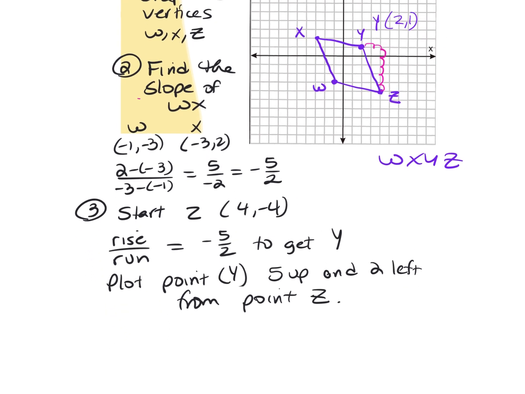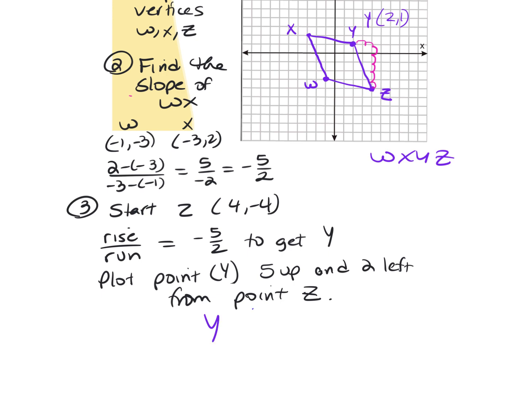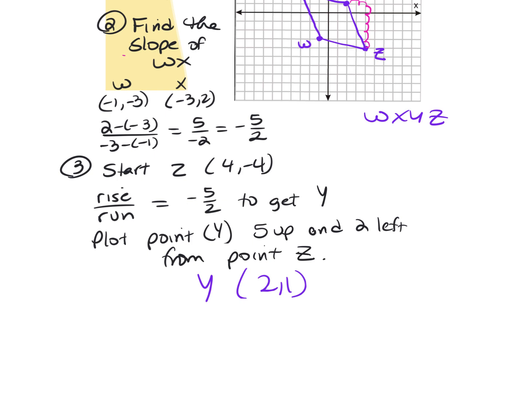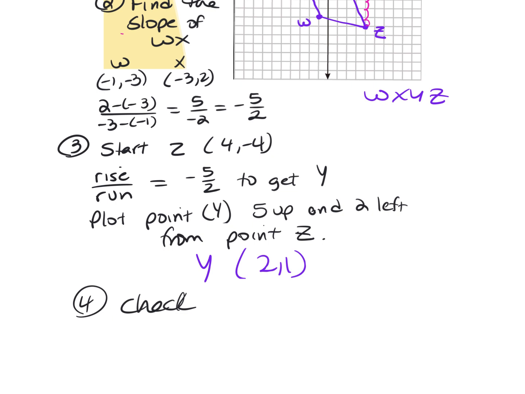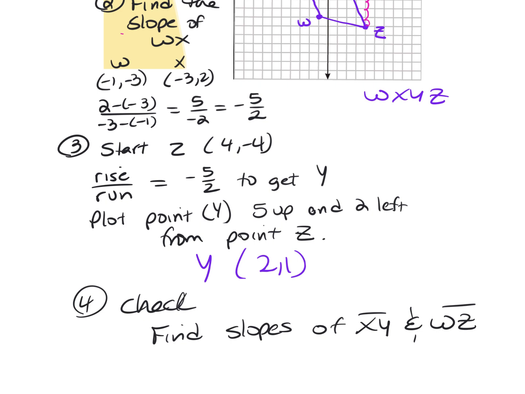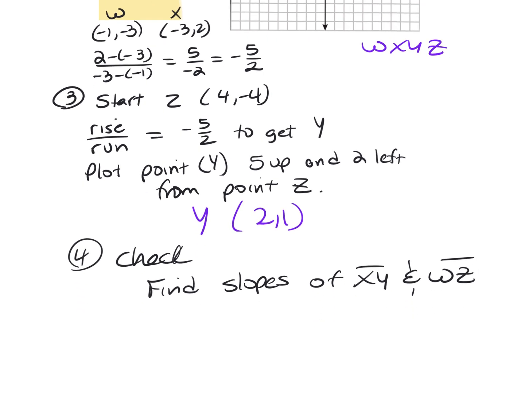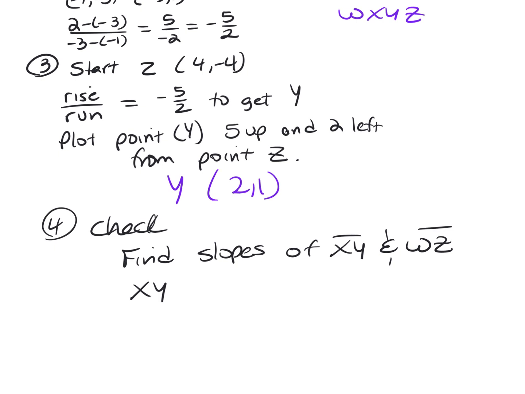Now, this is my new Y, 2 comma 1. In order to check that you did it right, you can find the slopes of XY and WZ to verify that they're parallel. So to find the slope of XY, I take the new order pair plus the X from the beginning, and do the slope formula.